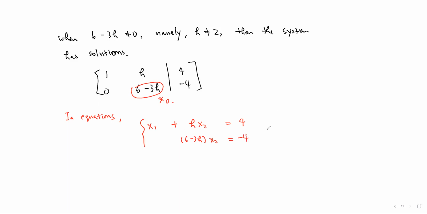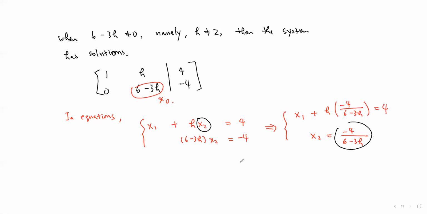Why does it have a solution? Solve it. From the second equation, I get x2 is -4 over 6 minus 3h. Because 6 minus 3h is non-zero, I can divide the equation by a non-zero number. Now, plug this number in for the x2 here. x1 plus h times -4 over 6 minus 3h is equal to 4.